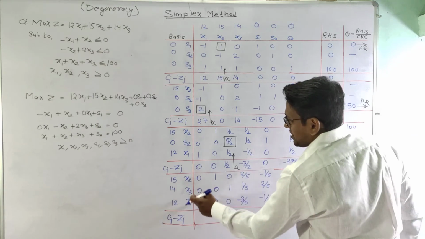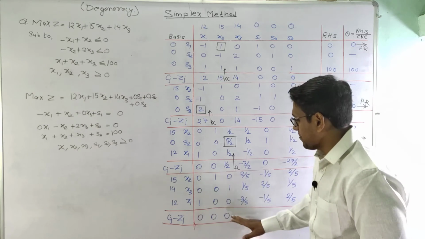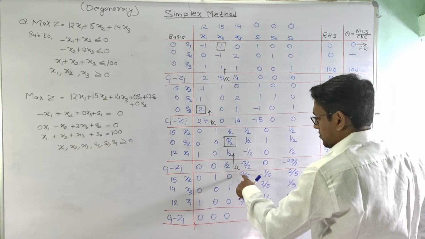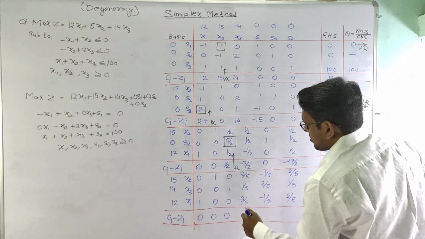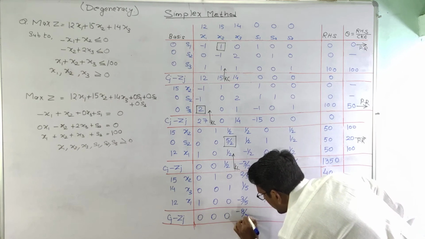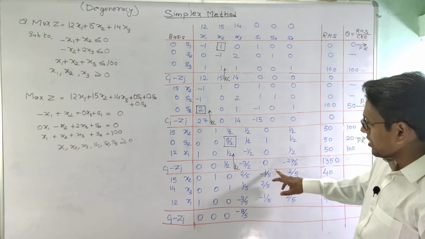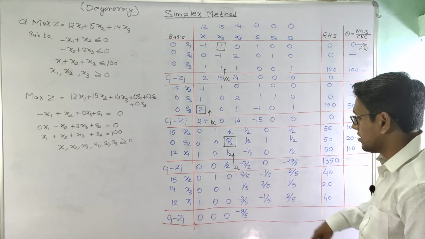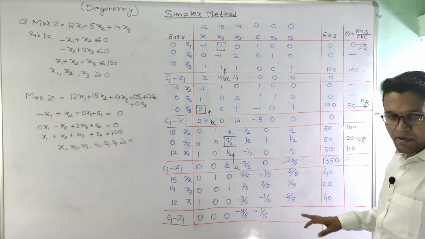As x1, x2, x3 are basic variables, I'll be putting the value of 0 in Cj minus Zj. Now to calculate this: 15 into 2, 30, 44 minus 36 is plus 8/3, 0 minus 8/3, this is minus 8/5. Now this is minus 15, 27 plus 28, this will be minus 1/5.